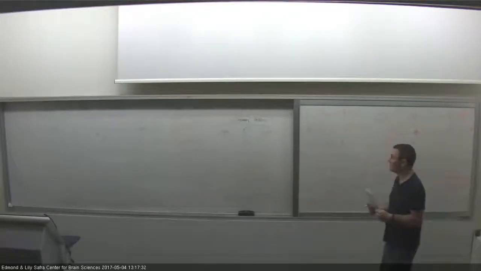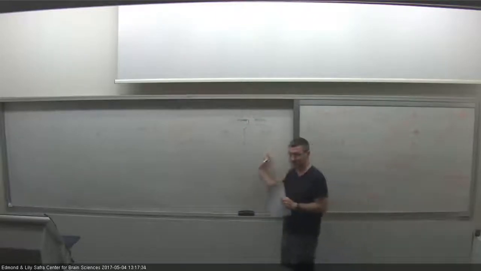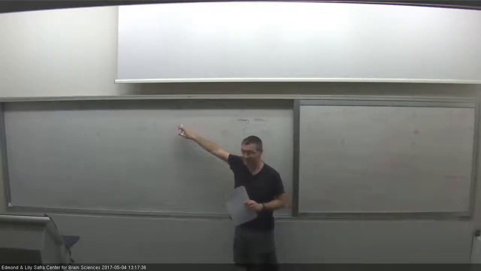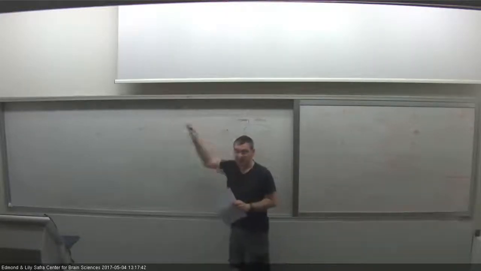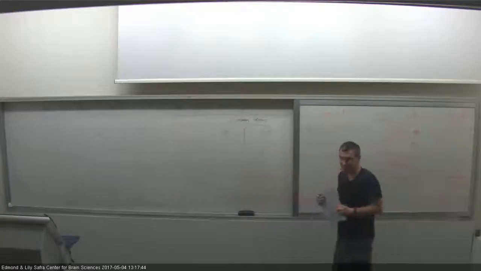So this is a binary vector of 1s and minus 1s. So far it has nothing to do with S, except for the fact that the dimensionality of this is equal to the dimensionality of S.